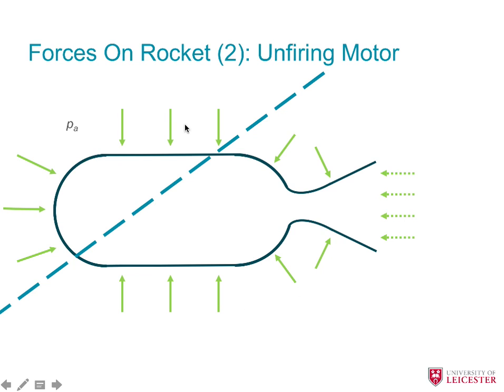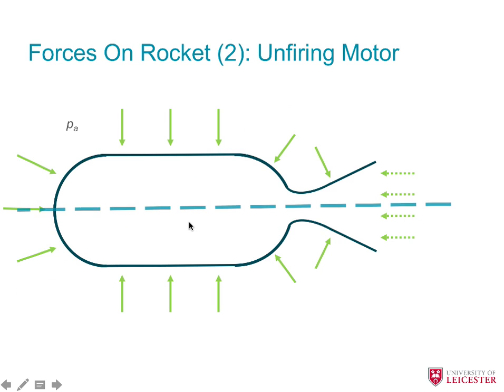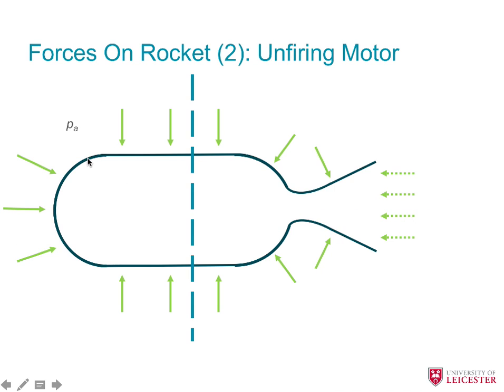So in this case, the forces on this side of the blue dotted line must be equal and opposite in magnitude to the forces on the other side of the line. If I move that, the forces on the top half of the motor balance the forces on the bottom half of the motor. The forces to the left of the line balance the forces to the right of the line.